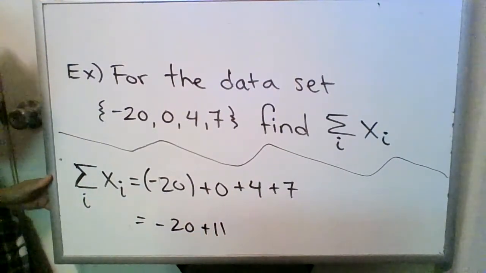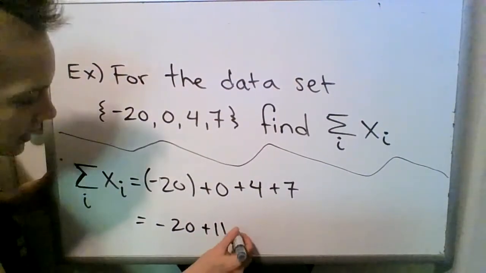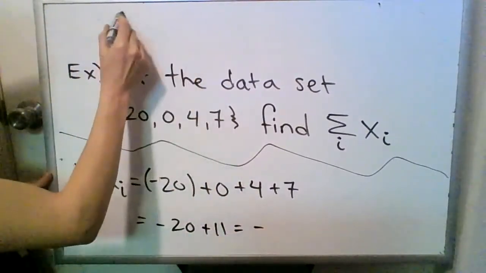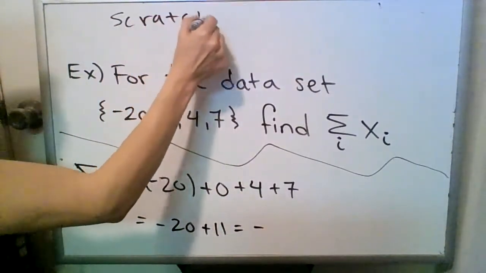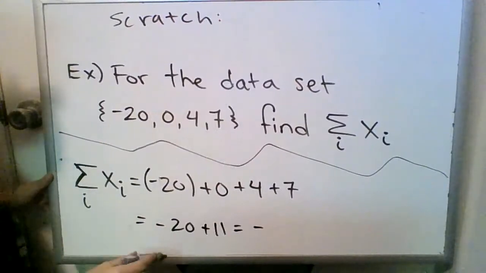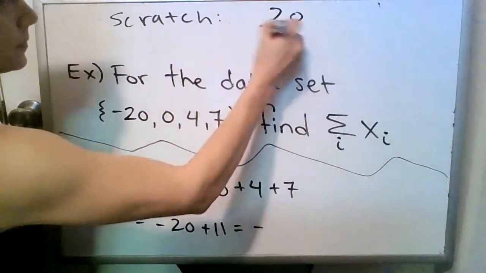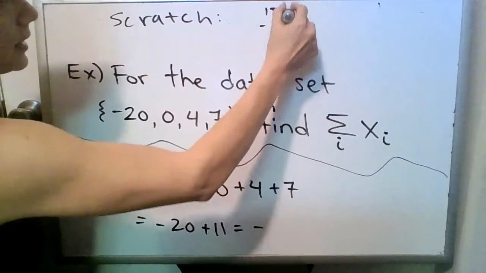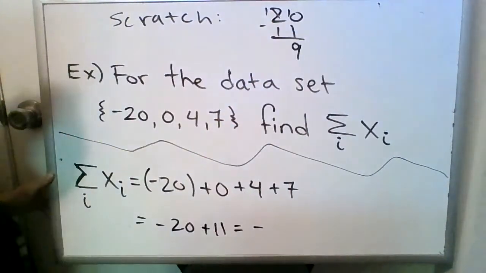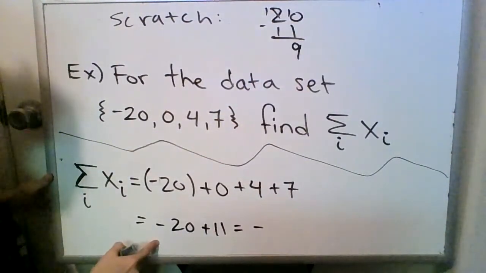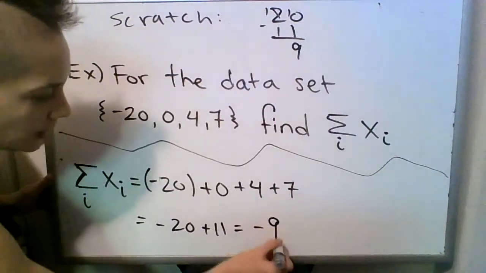Okay, -20 plus 11, it's going to be a negative number, and I'm going to do some scratch work. The difference between 20 and 11 would be 9, but we're going in a negative direction, so -9.